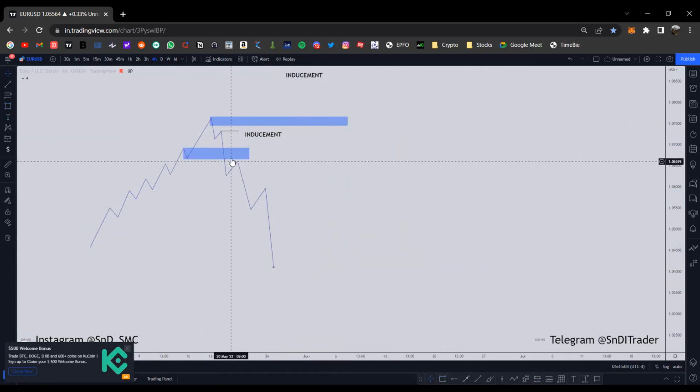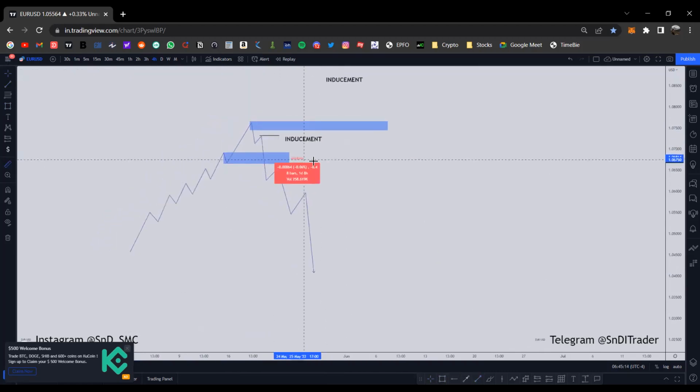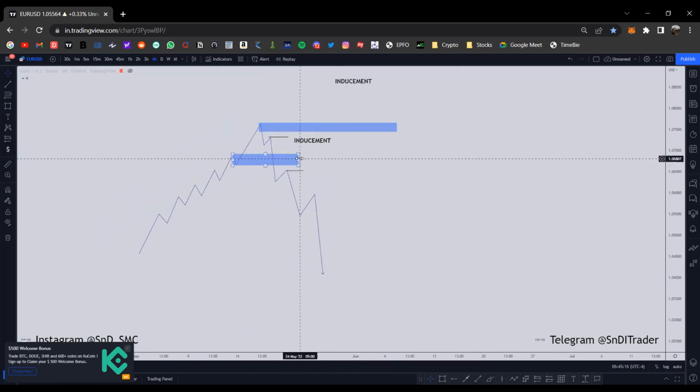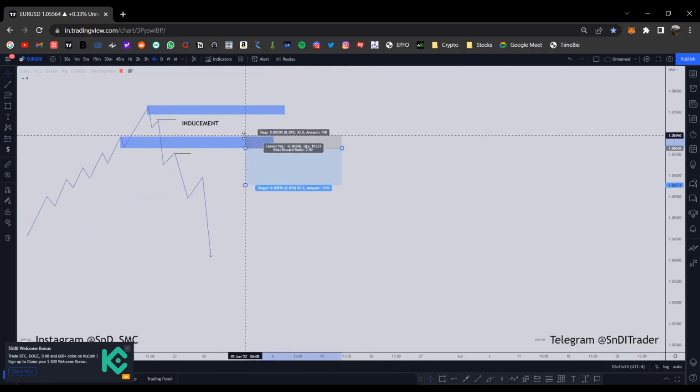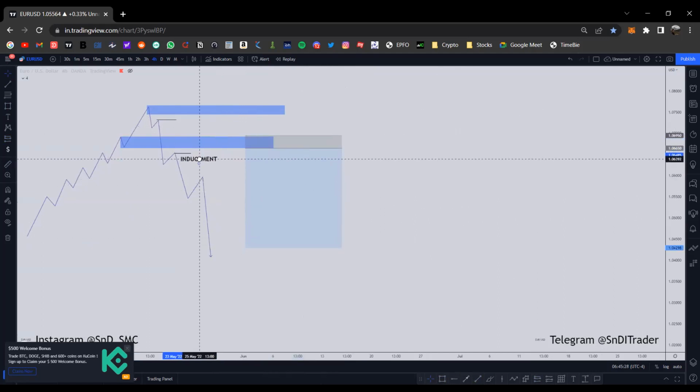Just below your point of interest, you might find another inducement here. That is how you consider the inducement. So this will be another inducement here, and your point of interest will be here, and this will be the inducement.